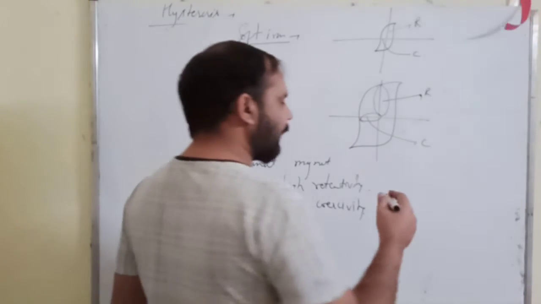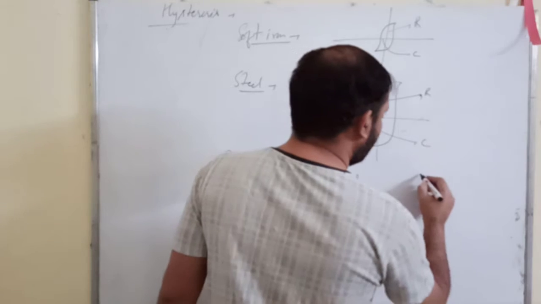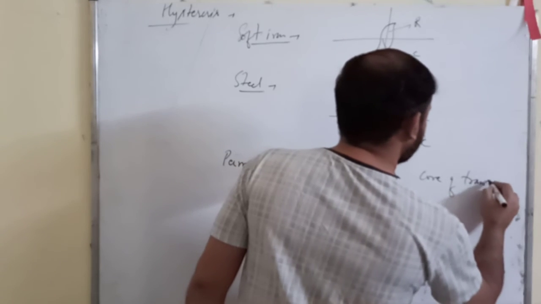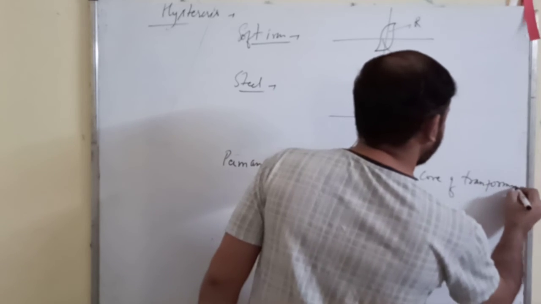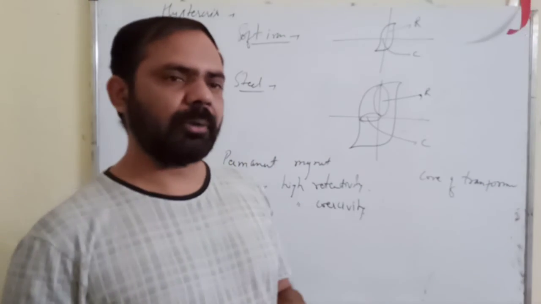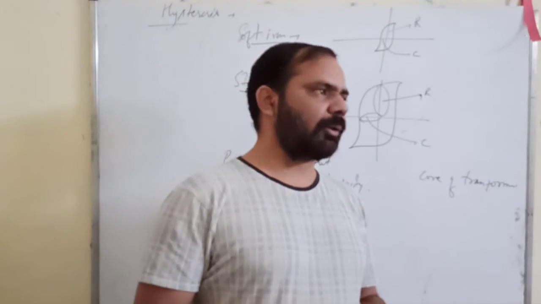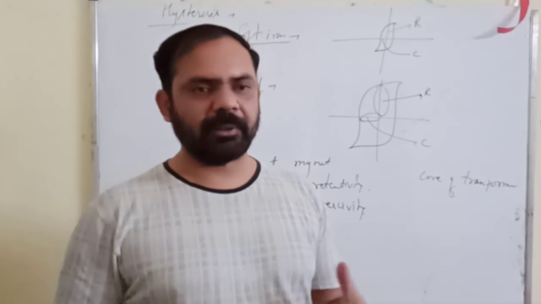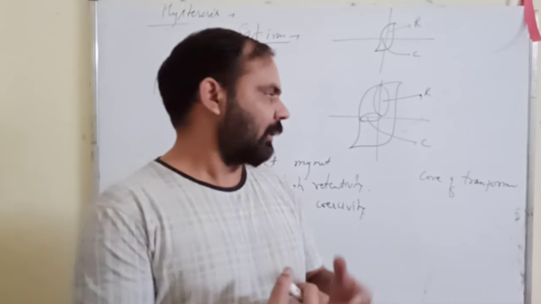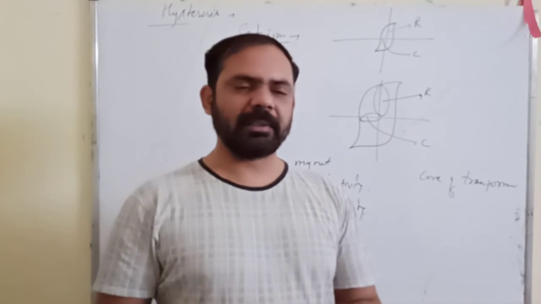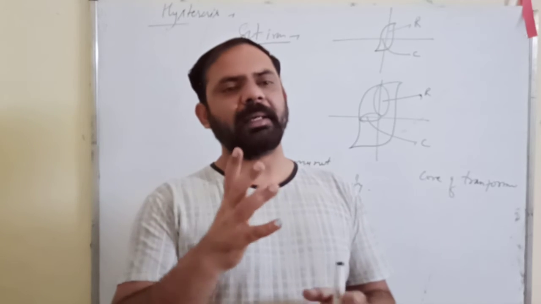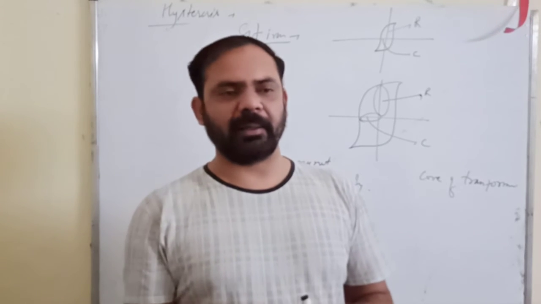Suppose we want to make the core of a transformer. This is a topic which is included in our syllabus, and we will discuss the transformer in detail in chapter number 6. In the core of a transformer, what we need is that it should easily get magnetized and demagnetized.